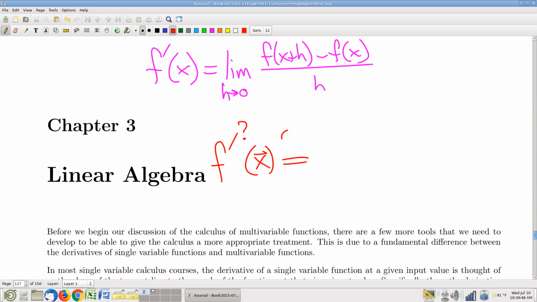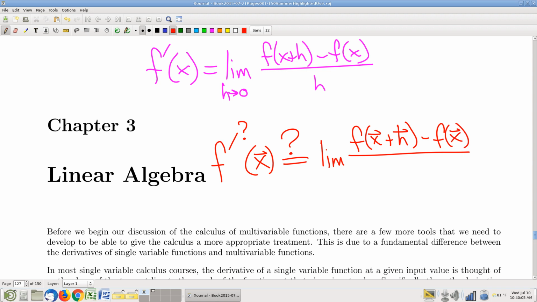Can we define the derivative as a limit of f of x vector plus h vector minus f of x vector over h vector, and then have h go to 0? Of course, h must be a vector because we're adding it to what is unavoidably a vector.